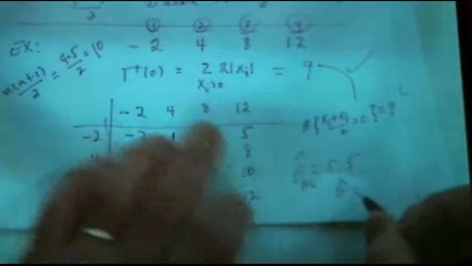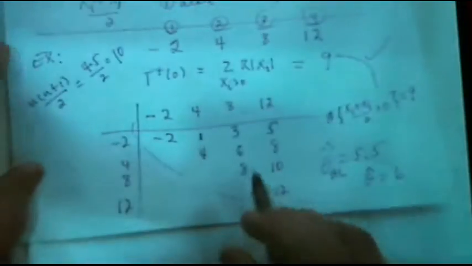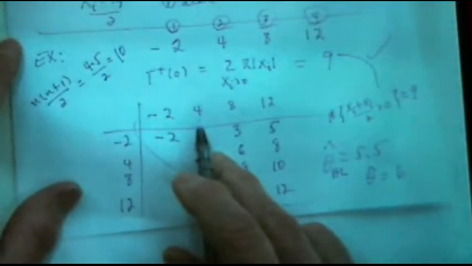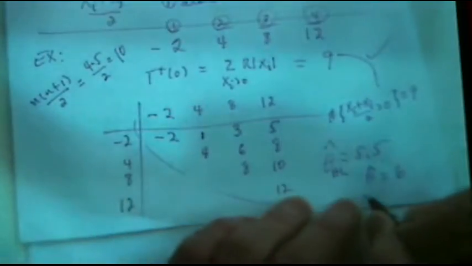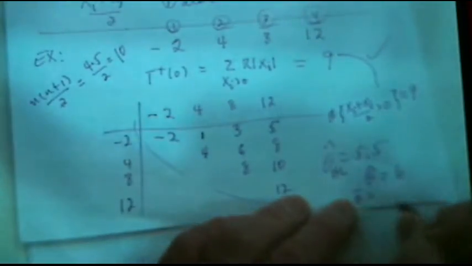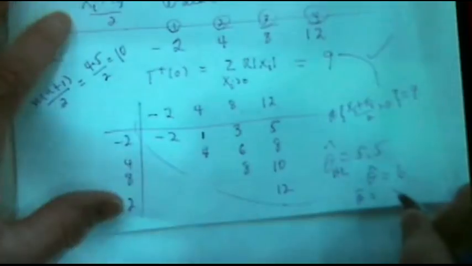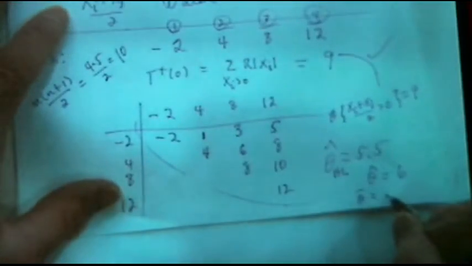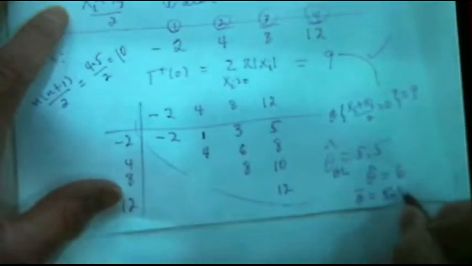So the median is, let's say, 6. The mean is 22 divided by 4, so it would be 25.